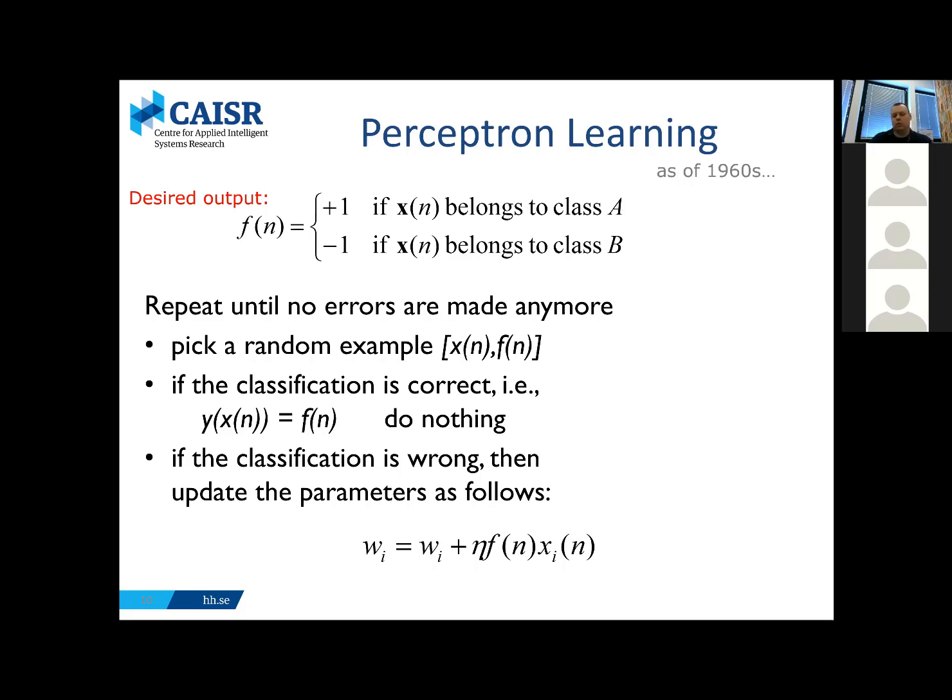So this is why you use this F_n in the equation, which basically means that if you want the final result to be lower, you need to lower the weights. If you want the final result to be bigger, you need to increase the weights. And then you also multiply this by the input value for this particular weight.